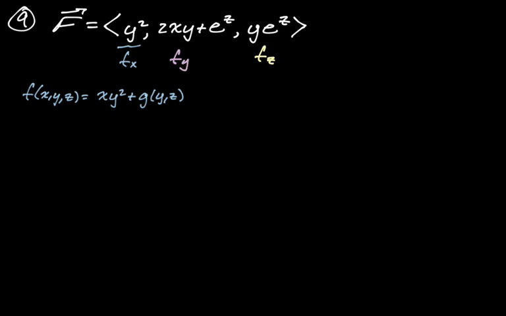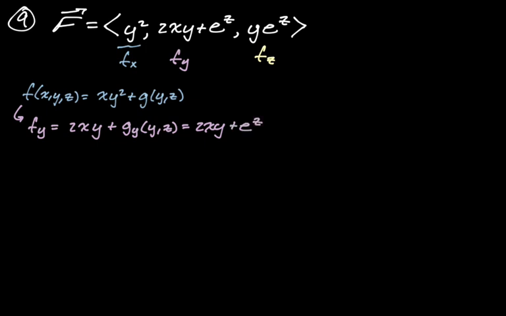Now I'll take the derivative of what I think the potential function is with respect to y and do a comparison. This will give me 2xy plus partial y of g. Now compare that to what we think partial y is. Partial y is given to be 2xy plus e to the z.